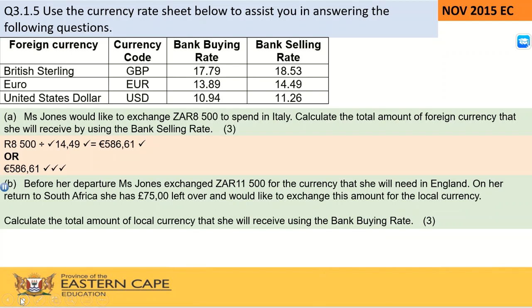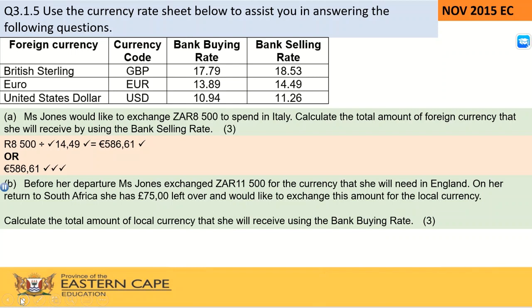Remember, England is part of the United Kingdom, so therefore they will use the British pound or the British sterling. So therefore the 2 currencies are the South African rand and the British pound or the British sterling. Step 2 is to determine if we are going to multiply or divide.